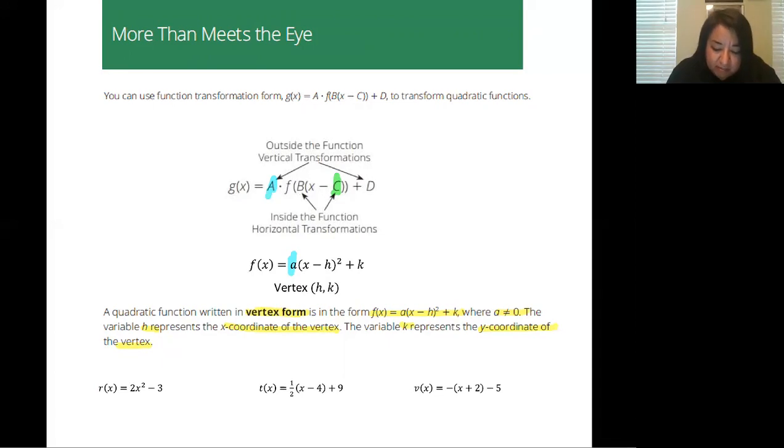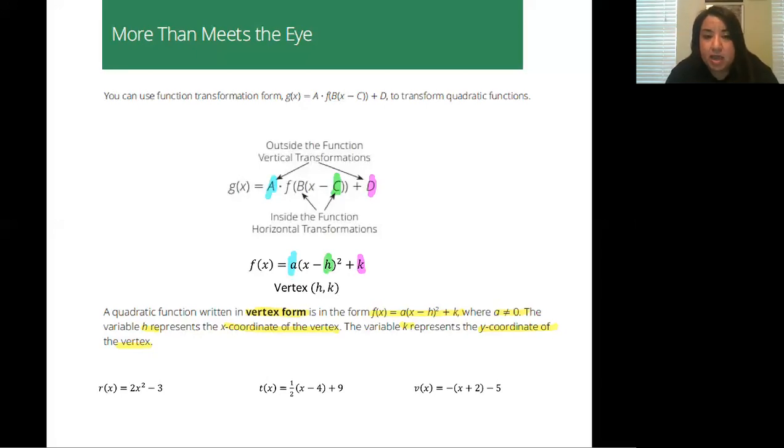So what that would be here is related to the h value. Again, it's x minus h, so your h value is what is being subtracted. That h becomes the x-coordinate of your vertex, but it does also help relate to horizontal translations. All right, then lastly here, you're going to see this d value on the end. Remember that was vertical translations, up and down, and that's related to the k value there.